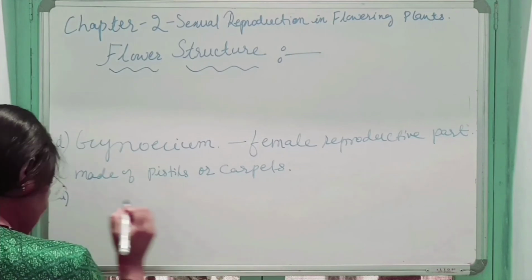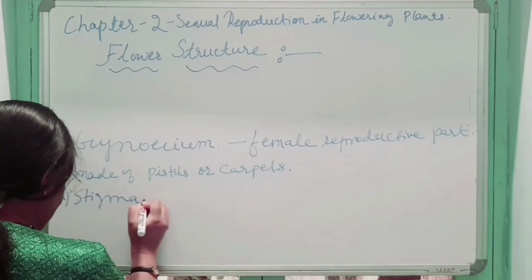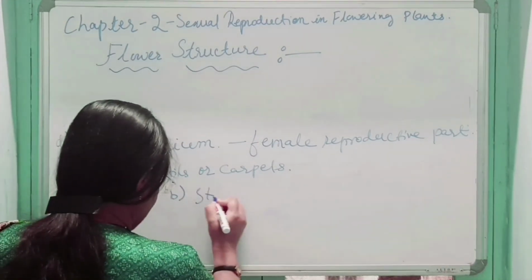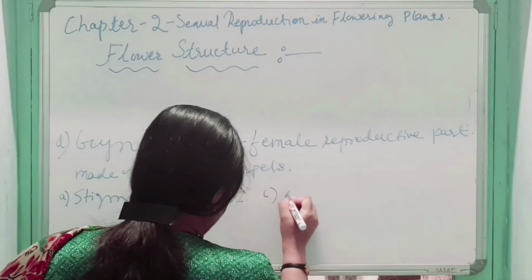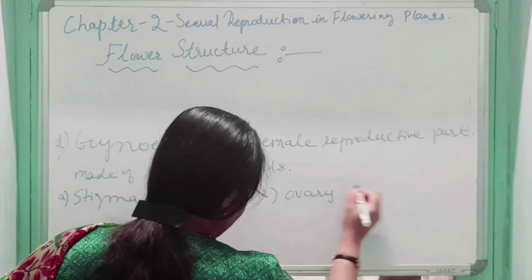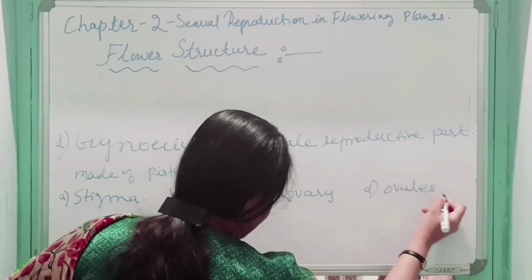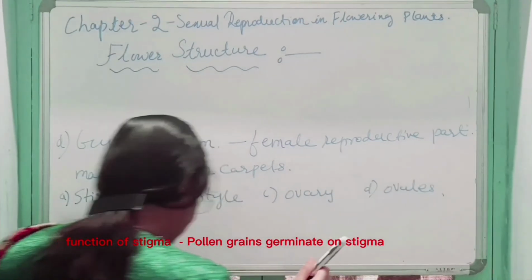Number one is stigma, as we have seen in the diagram. Second is style, and the third is ovary, and inside the ovary are the ovules. So pistil is made up of stigma, style, ovary and ovules.